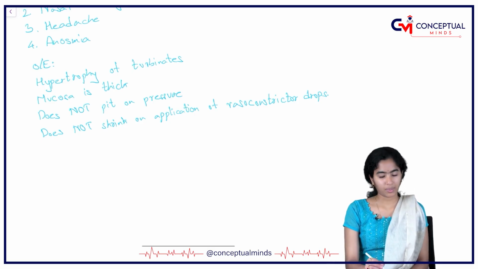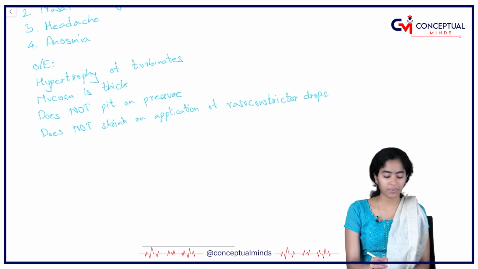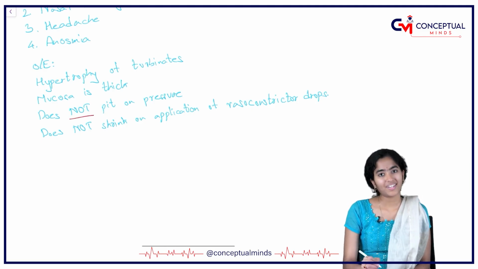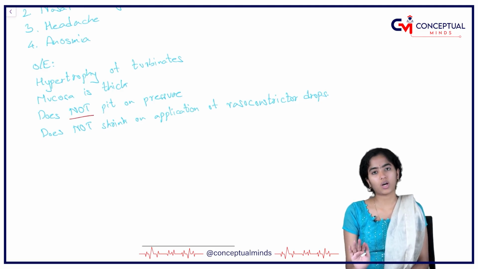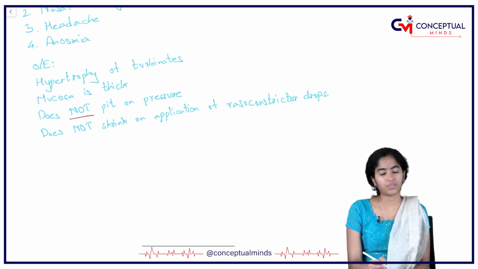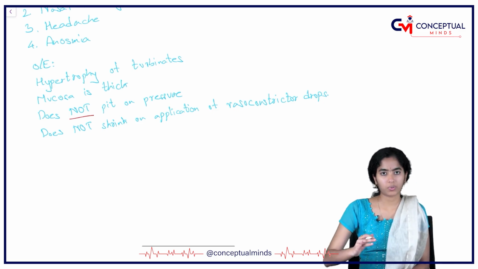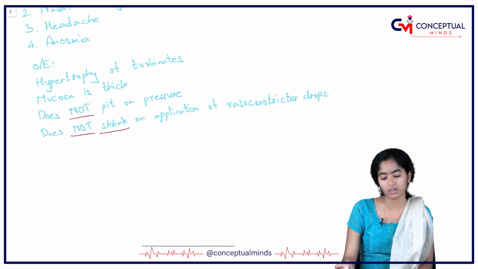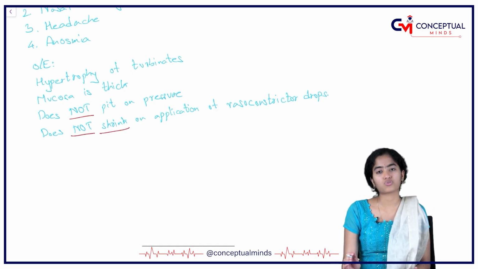So this is very important because in chronic simple rhinitis, what we have learnt is the mucosa pits on pressure and it shrinks on application of vasoconstrictor drops. Here in hypertrophic rhinitis, that stage is over. It doesn't pit anymore and it does not shrink on application of vasoconstrictor drops.